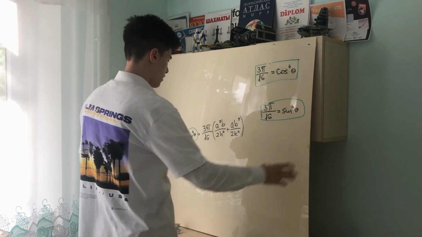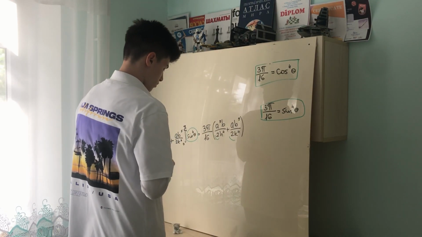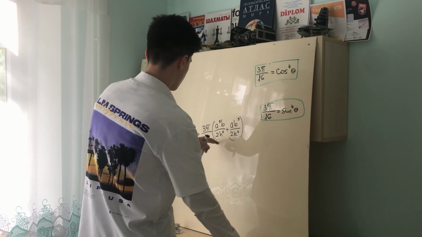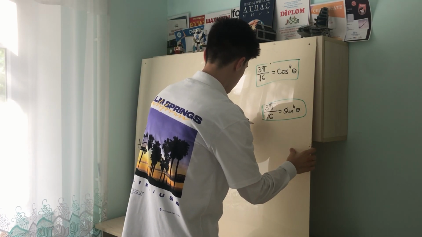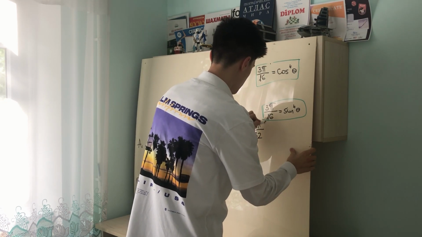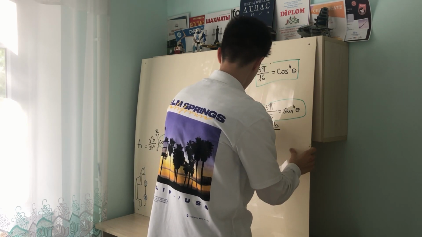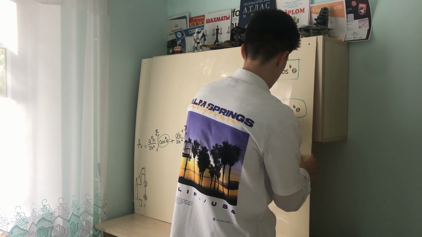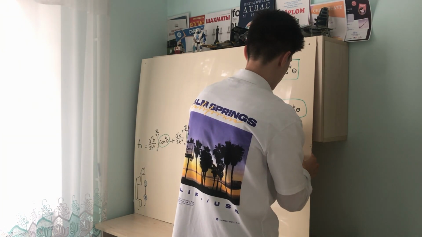We have 2 here and 2 here, so we can multiply it by 16, and we'll get 3 pi over 32 times a to the 5 b over 2h to the 4 plus a b to the 5 over 2k to the 4.